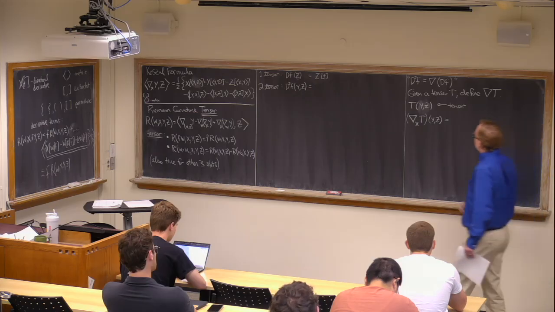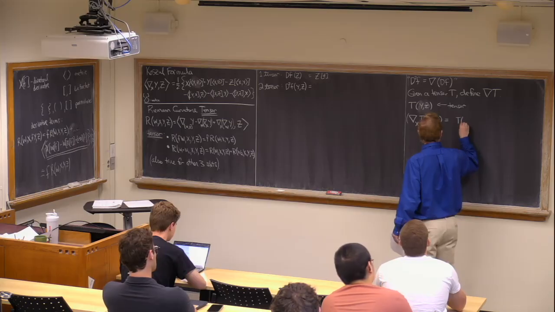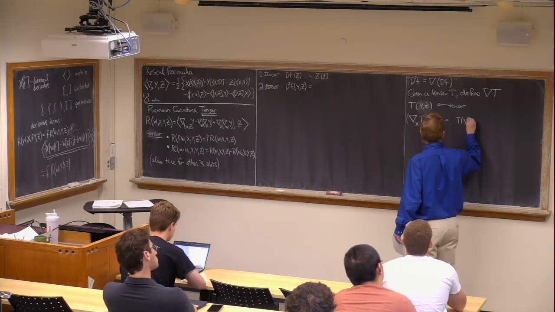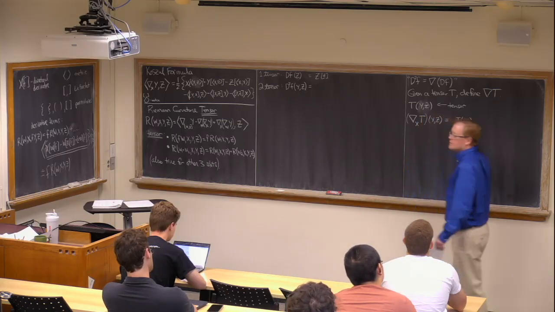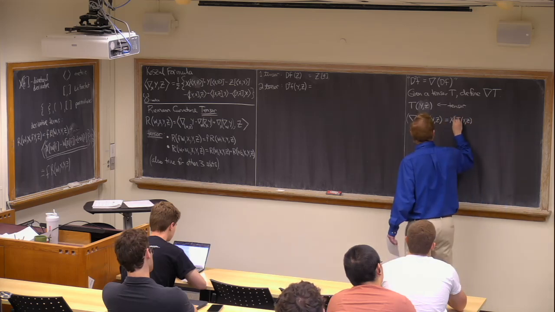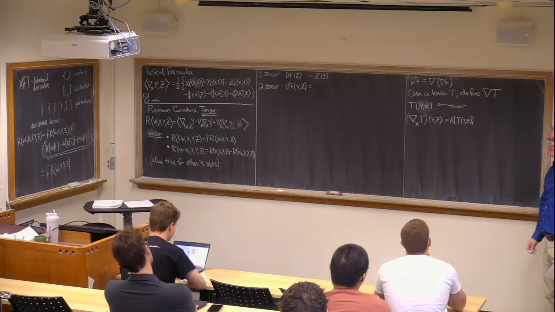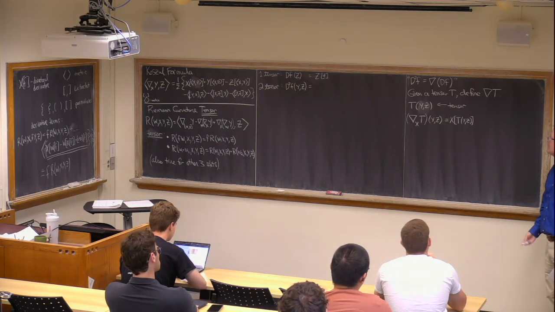Now you'd be tempted to say, maybe what we should do is take t of y, z, and that's a function, isn't it? And then we could just take the directional derivative of that function. That would be a tempting thing to do. At least it gives you a number out.